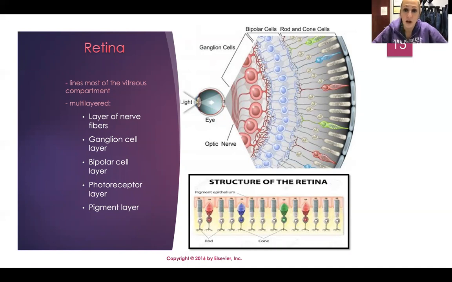It has ganglion cells, which are essentially related to the nervous system as well. The bipolar layer and the ganglion cell layer aren't as important to me, except for understanding that's why it's called the nervous layer, because it has these different layers of nerve cells. But then it has that single layer of the photoreceptors as well as the pigment. And I've mentioned before that that pigment is dark to be able to absorb the light so that those photoreceptors can be stimulated.